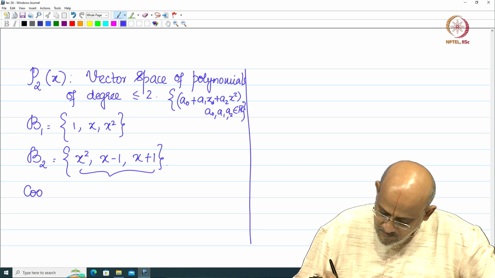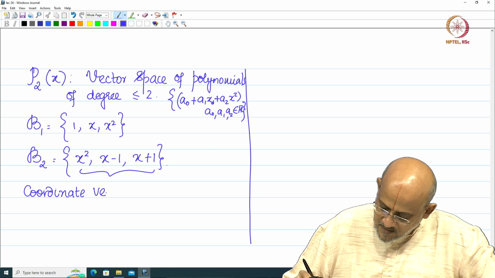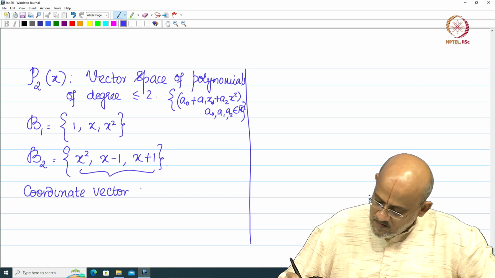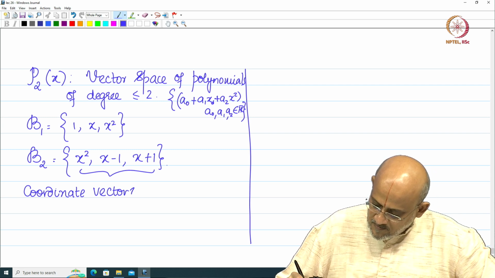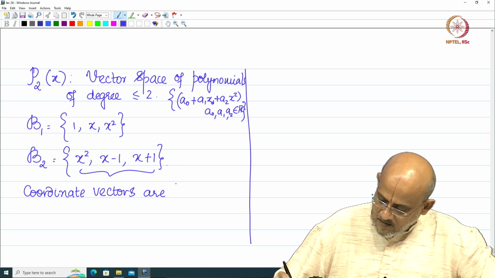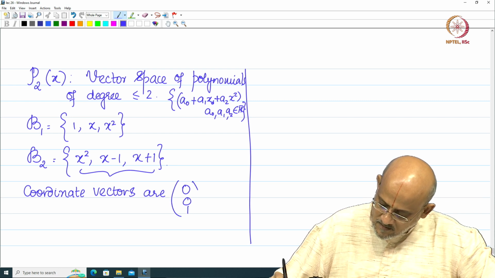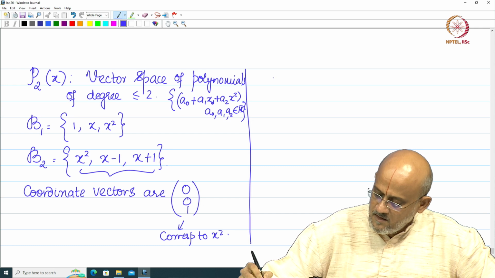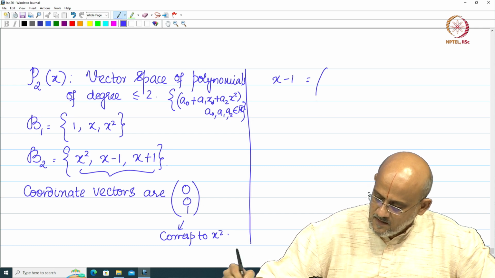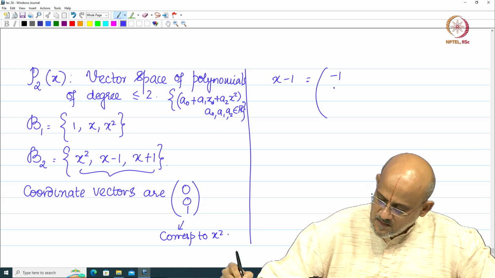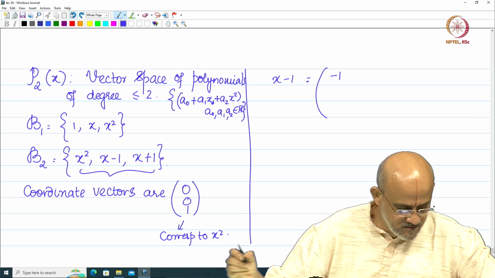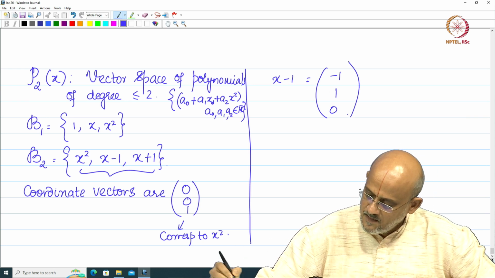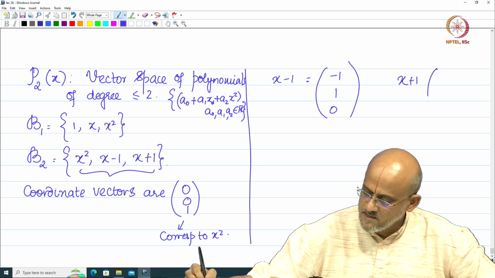The coordinate vector of x squared is 0 0 1, x minus 1 has coordinate vector minus 1 1 0, and x plus 1 has coordinate vector 1 1 0.